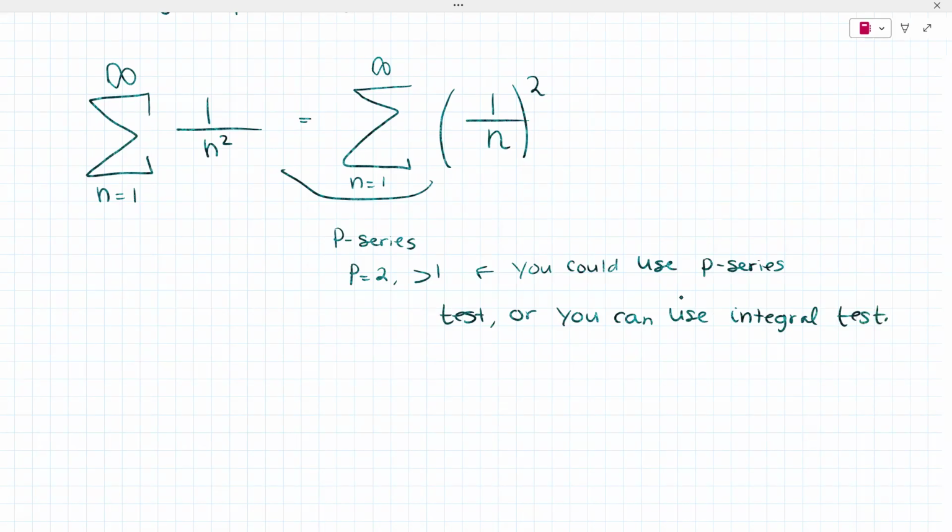So yes, let's do the integral test. If you want to take the integral test, you would rewrite this as the integration from 1 to infinity of 1 over n squared dn.